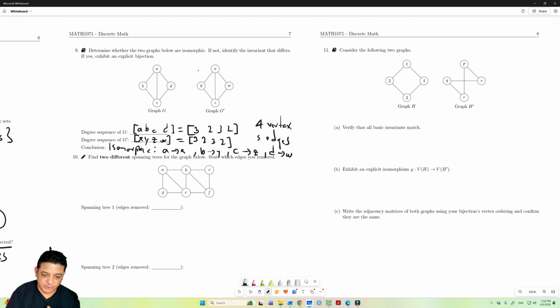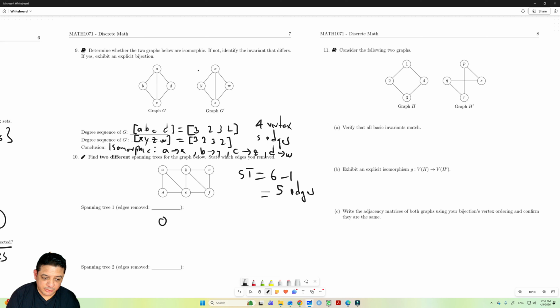We cannot leave nodes out because we have 6 nodes. The spanning tree should have 6 nodes minus 1. It's always n minus 1, right? So we should have 5 edges. So the spanning tree is going to have 5 edges. So I can make a spanning tree with 5 edges.